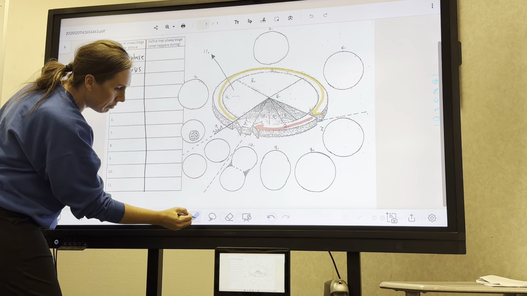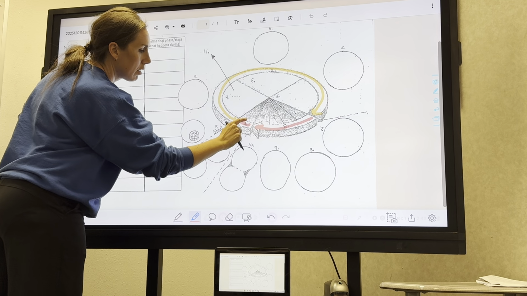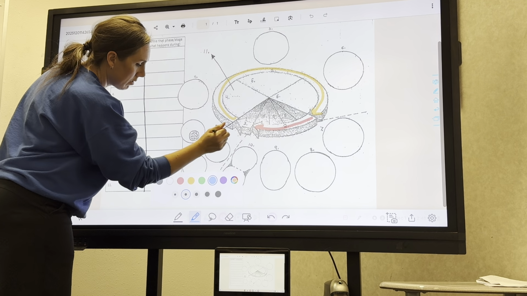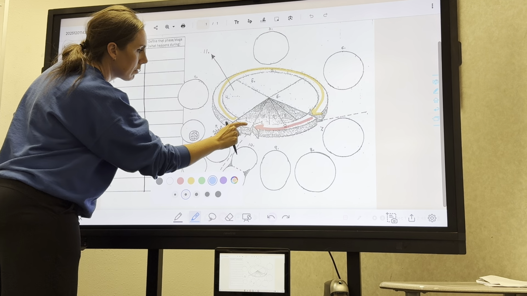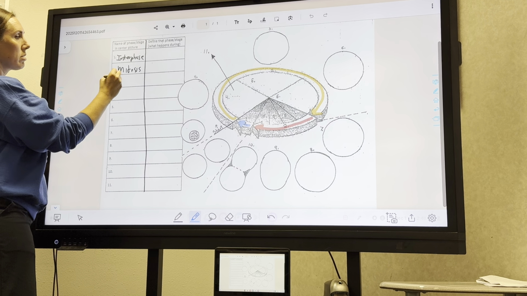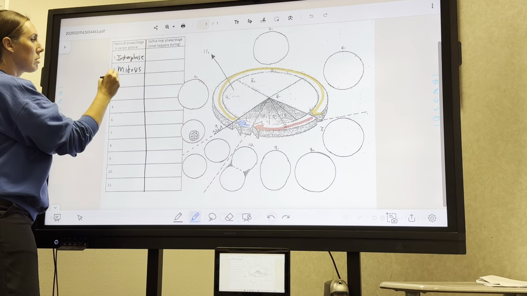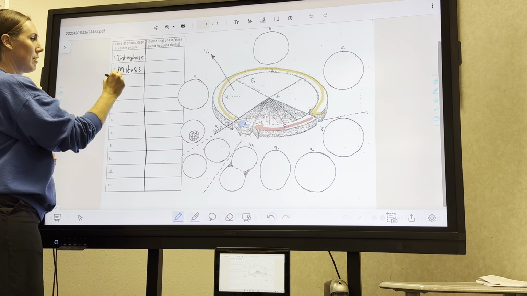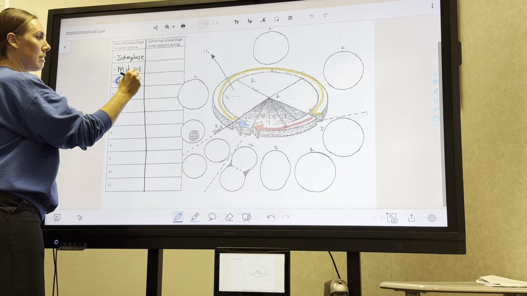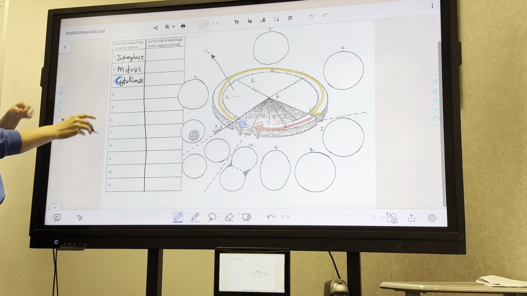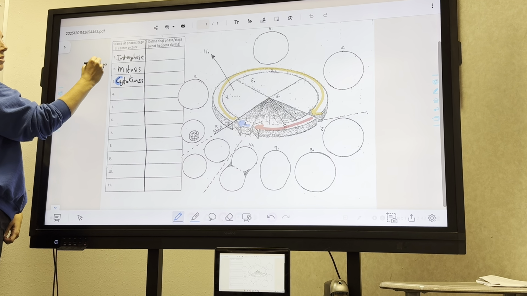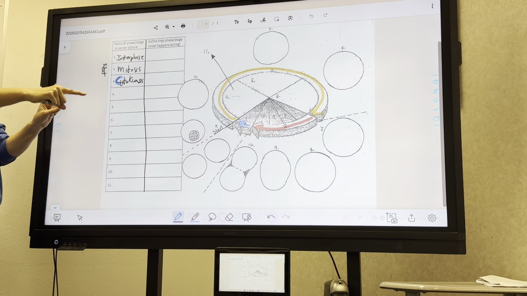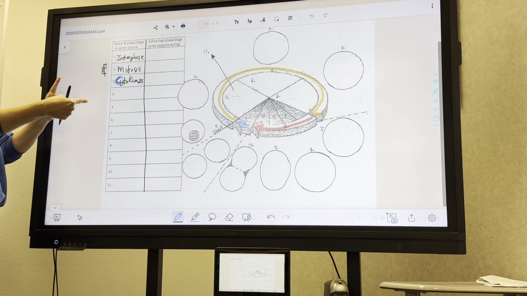And number 3 is cytokinesis. We first had to summarize the main steps, which are interphase, mitosis, cytokinesis.